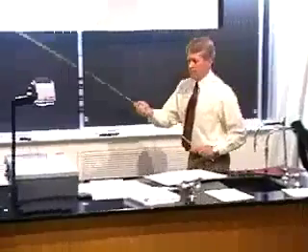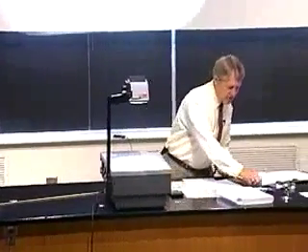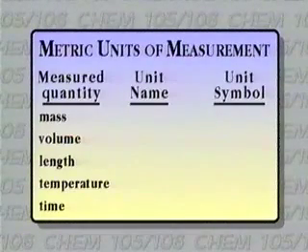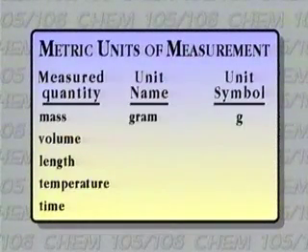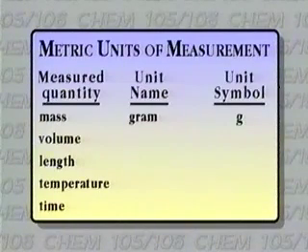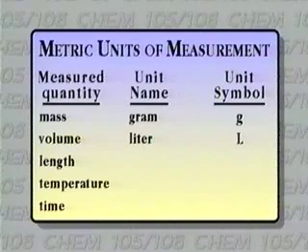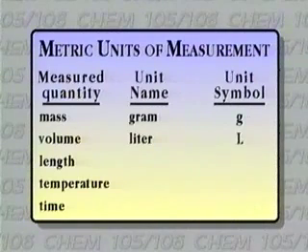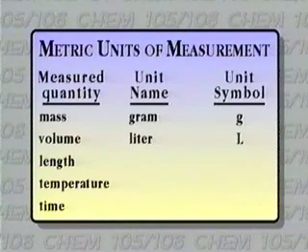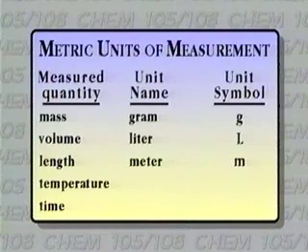Now, in the metric system, the scientific system, of course, these have certain units that we assign to them. The base unit for mass is the gram, and we use a lowercase g for mass. For volume, the basic unit that we use is the liter, and the symbol that we use is the uppercase L. For length, for dimensions, the base unit is the meter, and we use a lowercase m for that.